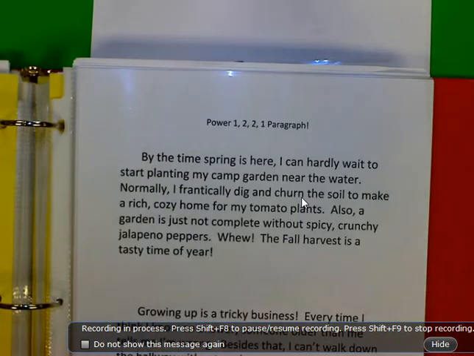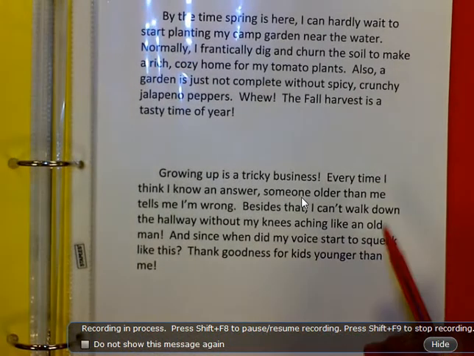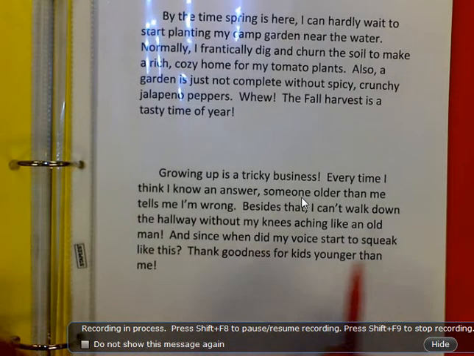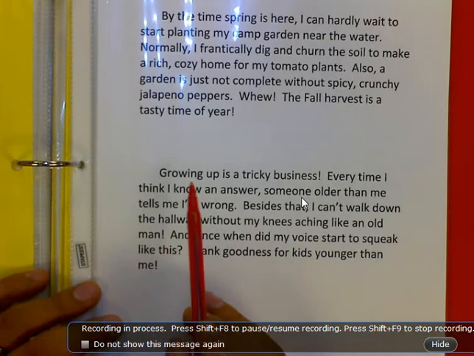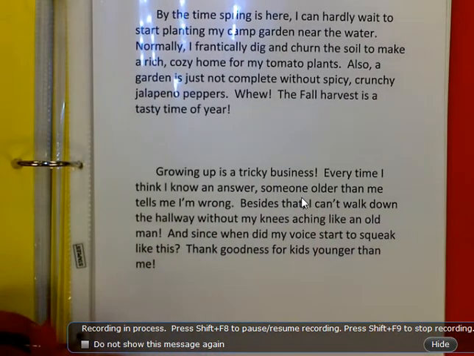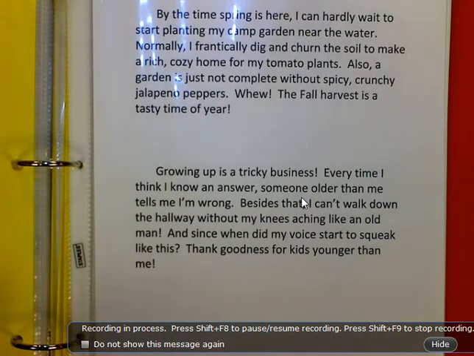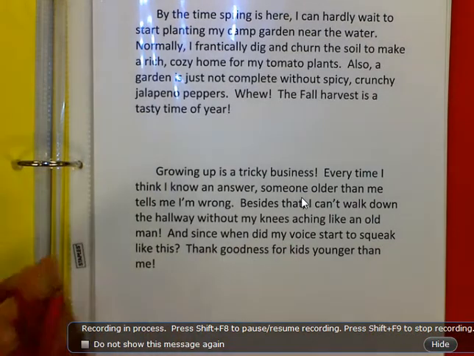If we look at the next example, I don't have a title on either of these, though I always like titles. It says, growing up is a tricky business. This isn't a complicated sentence. It's not really detailed. Obviously, the topic here is growing up and how it is difficult at times.